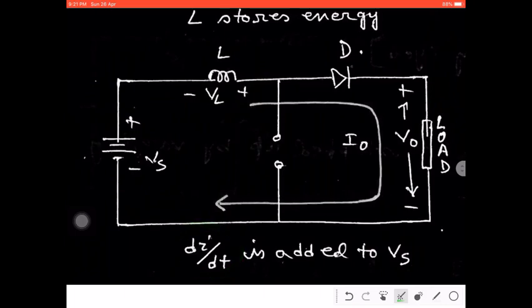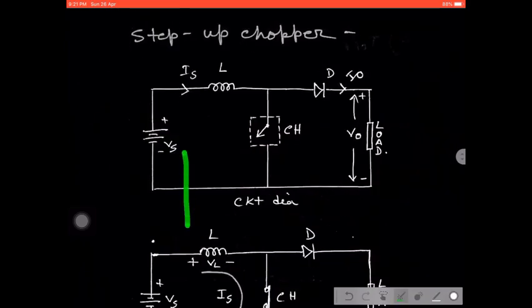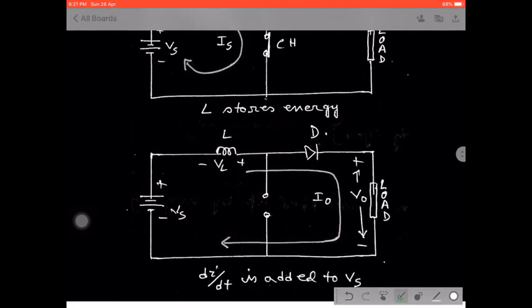Okay, so what does that mean? The result of VO can be defined by the input voltage Vs plus L di/dt.